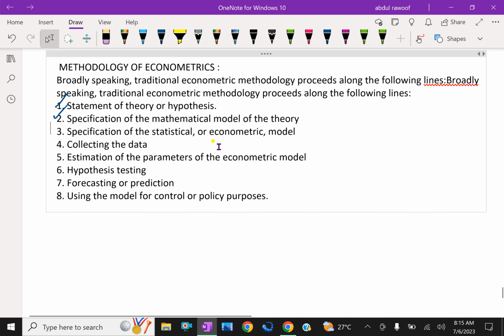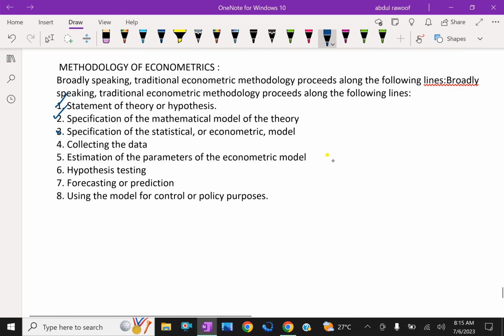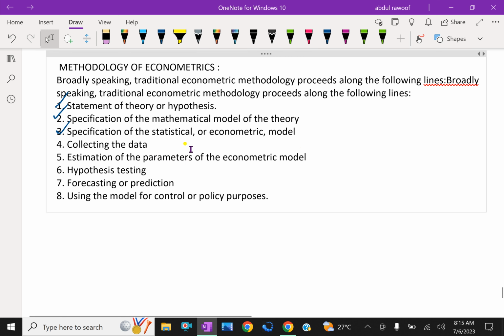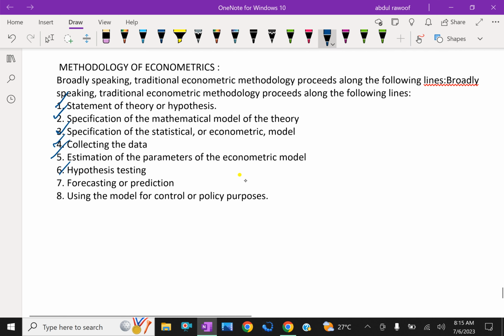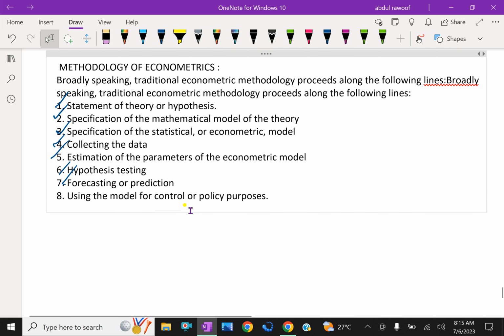Specification of the statistical or econometric model. Collecting the data, which we need for decision making in econometrics, and estimation of the parameters of the economic model, hypothesis testing, forecasting or prediction, and using the model for control or policy purposes.